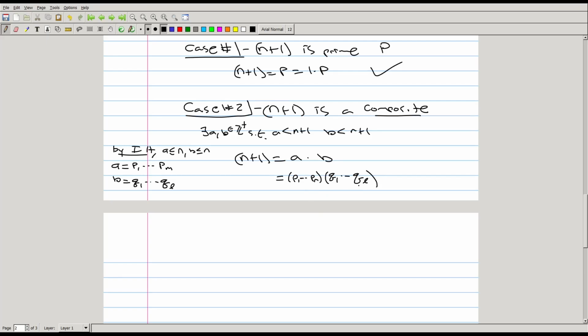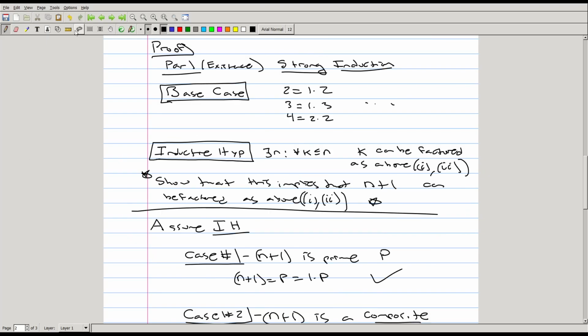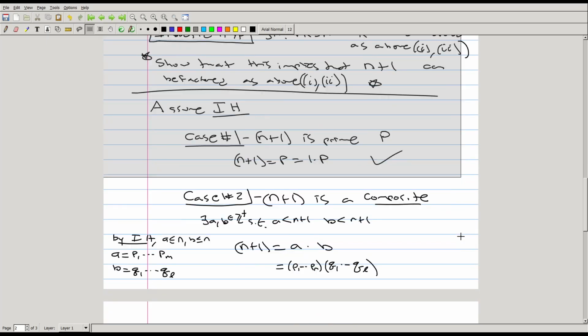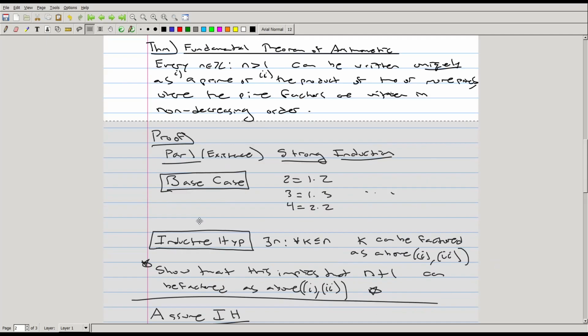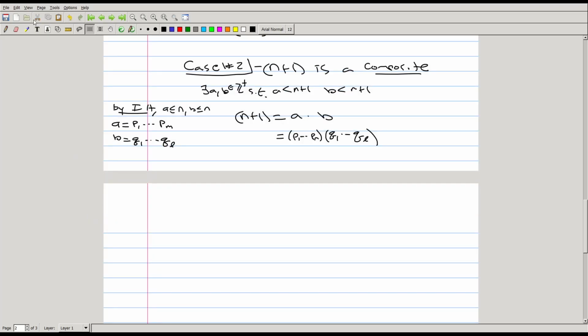We might have to reorder these p's and q's, but because of the commutativity of multiplication in the integers, this represents a factorization of n plus 1, which is the required prime factorization for the theorem. So this is a very nice inductive proof using strong induction of the fundamental theorem of arithmetic. And it's not that complicated. It's not that hard to understand as long as you understand induction.